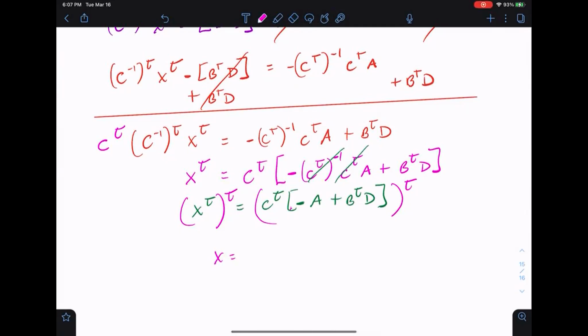I don't need this anymore. So you have this expression first. So you have B transpose, transpose, it cancels out. And then you have minus A transpose, and then you have plus C transpose, which is C, right? So that's the answer for this problem.